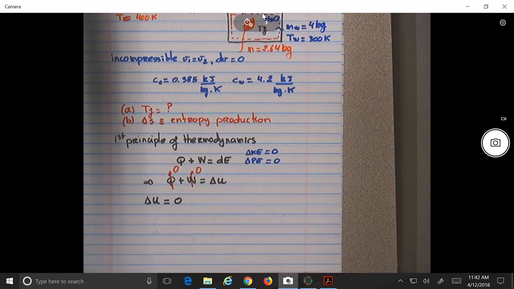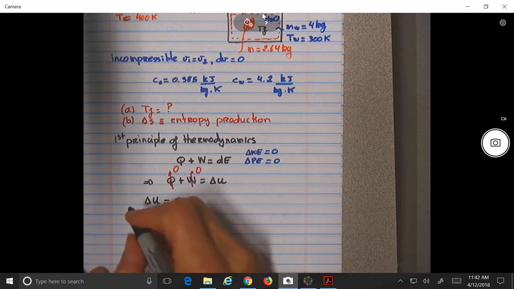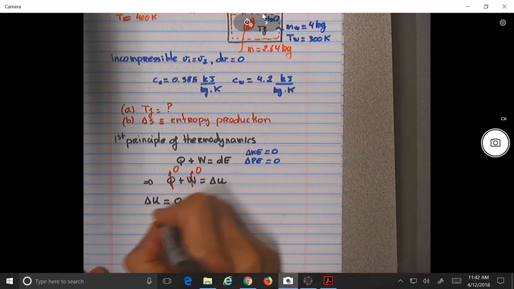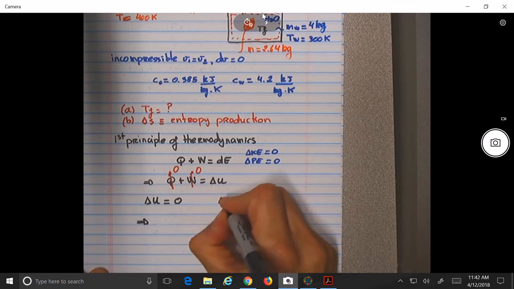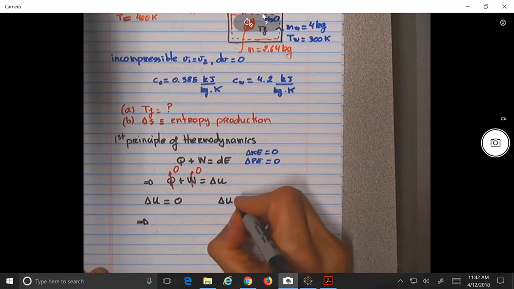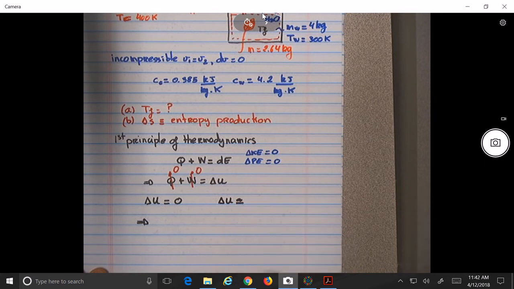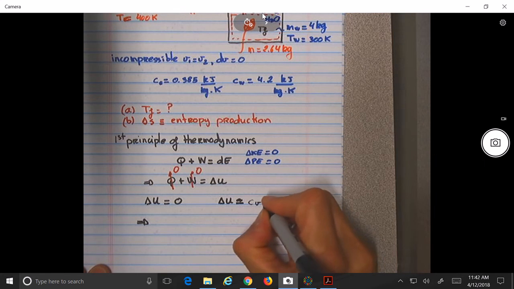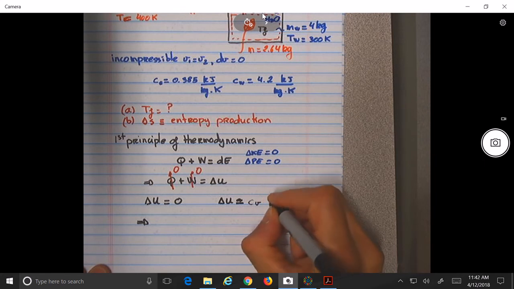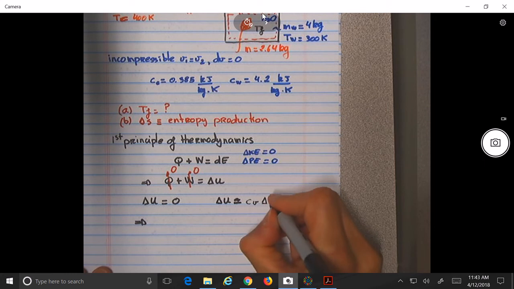Now you get to this equation and you're like, okay, and now what? That's generally what happens. But if you think a little bit about it, first we know that delta U can be approximated by, if you don't change the state, CV delta T, no?